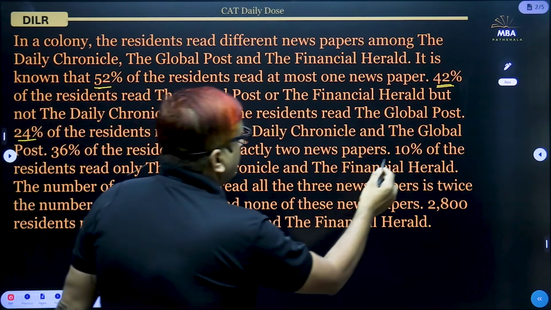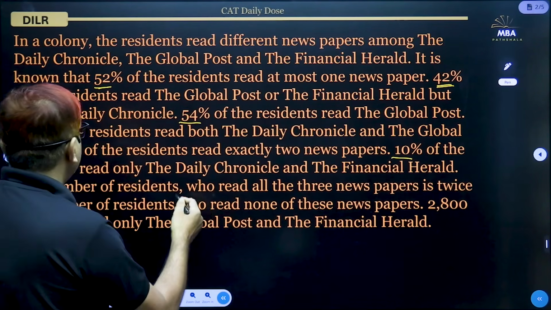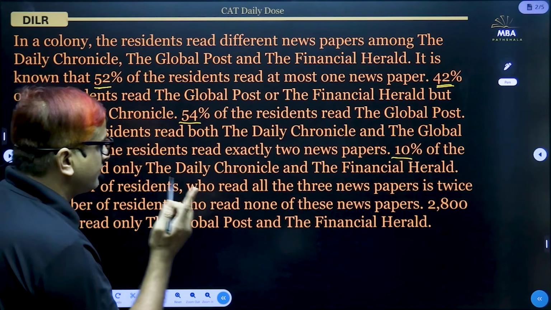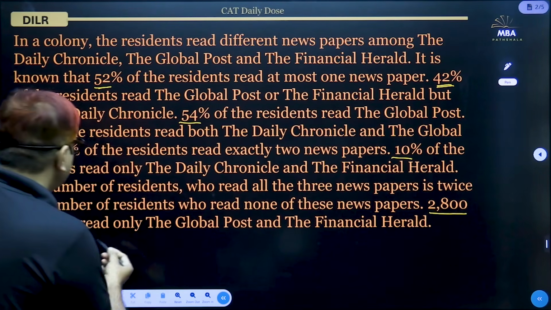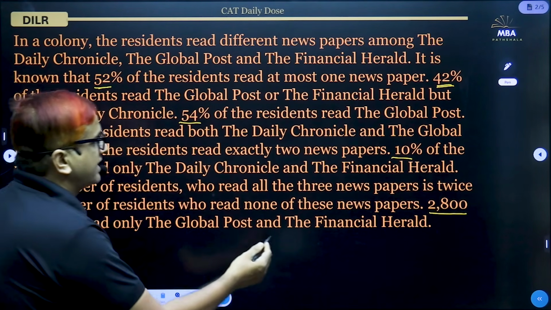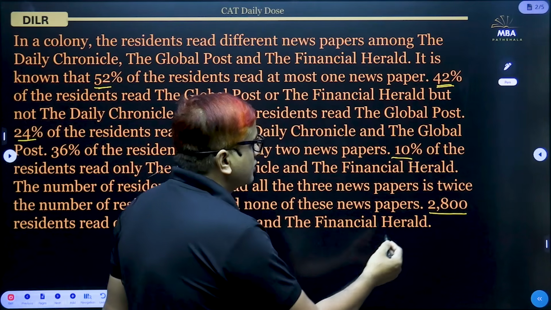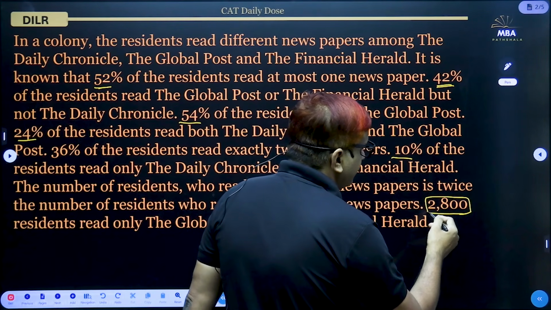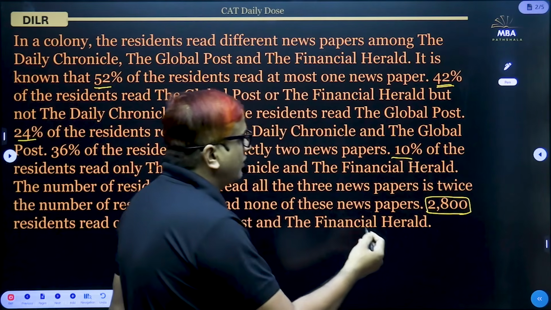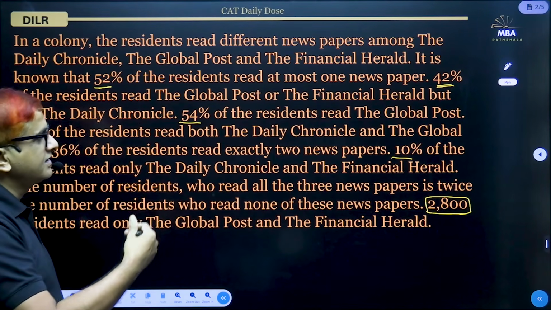Everything is given in terms of percentage except one data. Here 2800 residents read only the Global Post and the Financial Herald. So this is the only data which is given in terms of numbers. All the other things are given in terms of percentage.